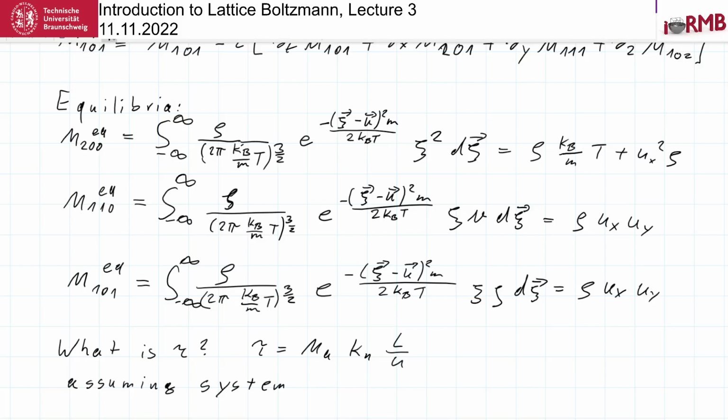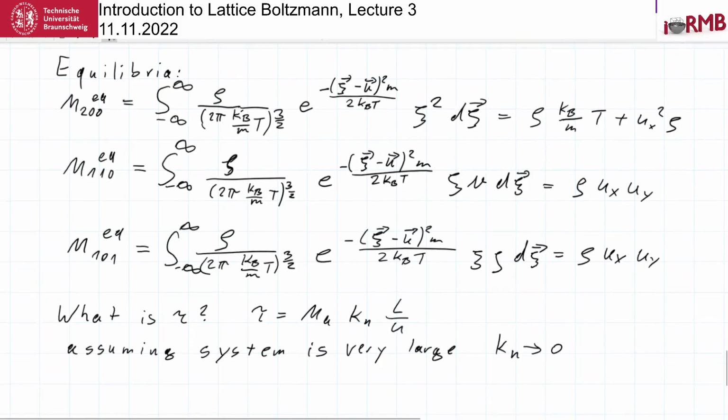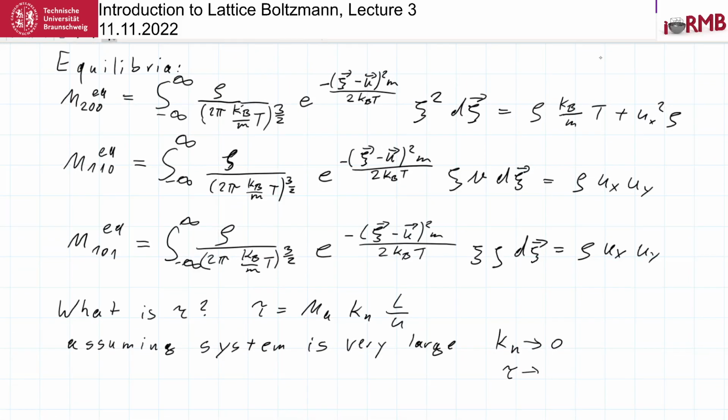As we would usually do if we go from molecules to a continuum. So the continuum compared to molecules is very large. So we assume that the Knudsen number is 0, and by this we'll assume that tau is also equal to 0.